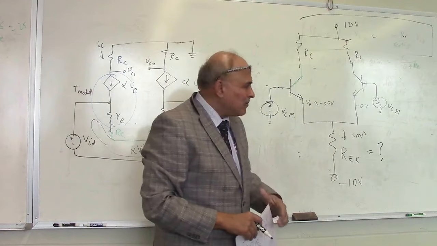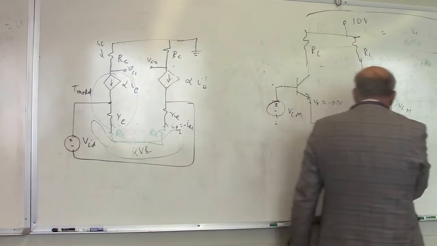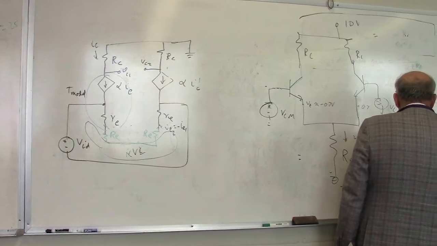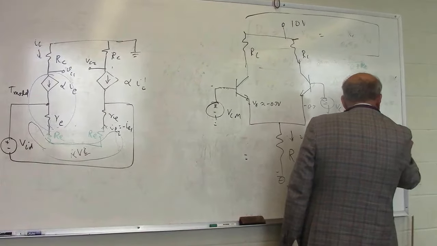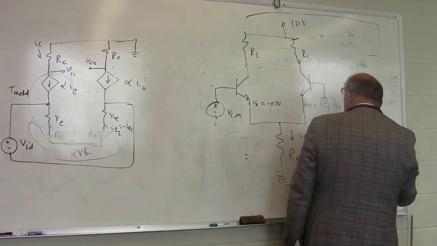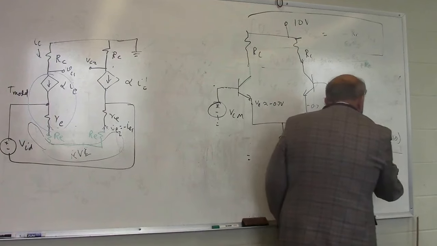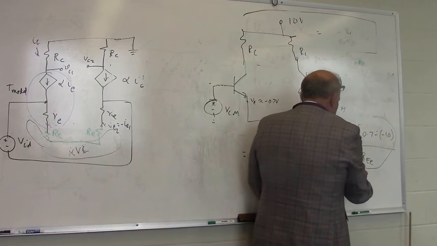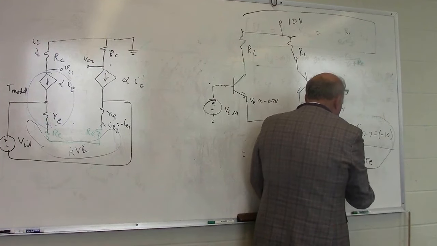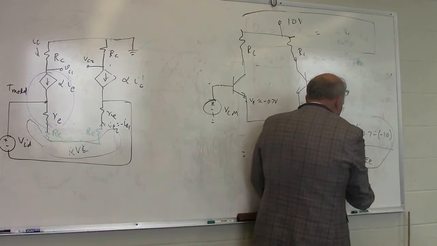Because that change will be, now with the VCM, it will be VCM minus 0.7 minus minus 10 divided by REE. This number, minus 0.7 minus minus 10 divided by REE, we already know, is 2 milliamps.